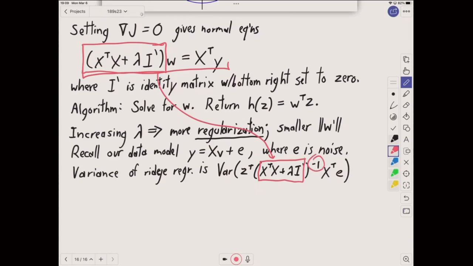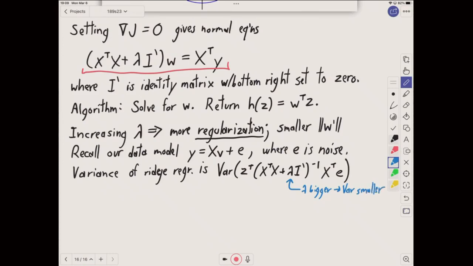And so, remember, lambda is our parameter. As lambda gets bigger, that means that the variance gets smaller, again, because we're inverting it here.